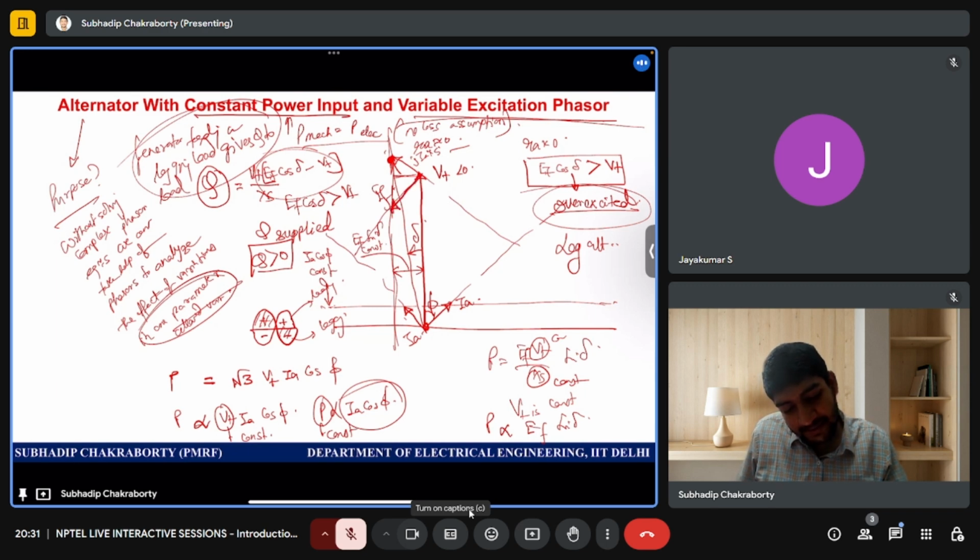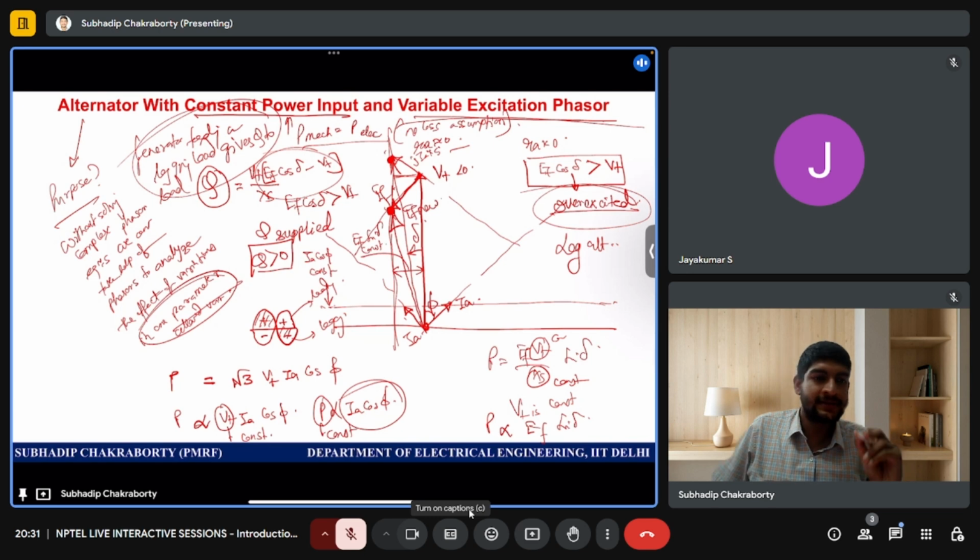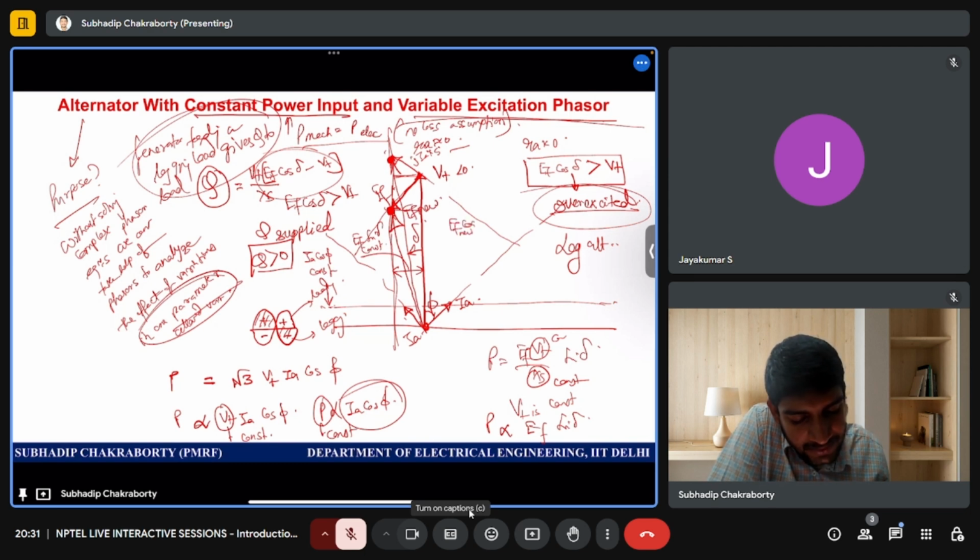But please remember the tip should stop here, because I have a constraint over EF sine delta, because the power was constant. So EF is like this, EF new. So once the load is leading, I saw that the EF length also reduced, and now EF new cos delta new is less than VT.